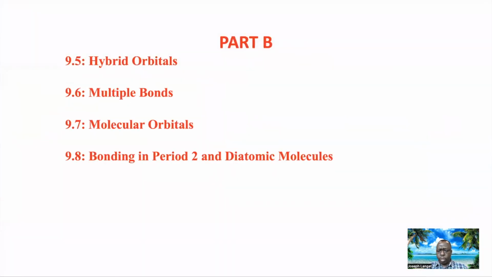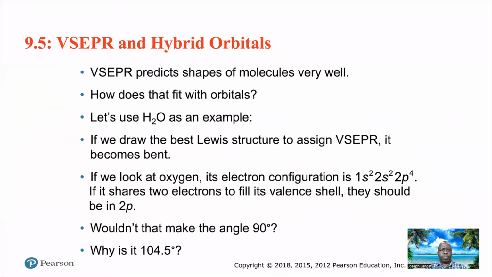In 9.5, we'll extend the use of the valence-shell electron pair repulsion model and see how hybrid orbitals are formed. So far, we know the VSEPR model predicts the shape of molecules very well using AXnEm, where A stands for the central atom, X for the external atoms bonded to the central atom, and E for lone pairs of electrons around the central atom.